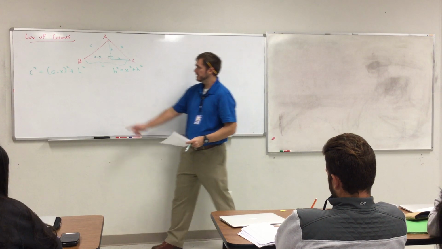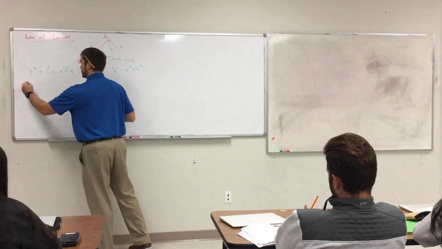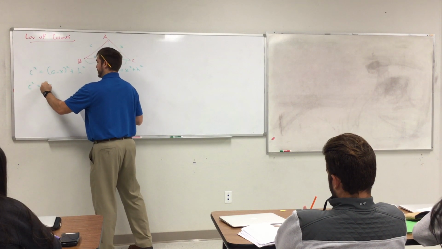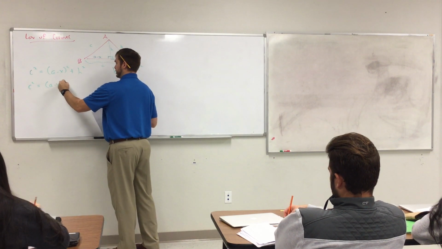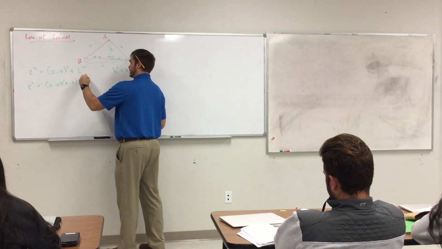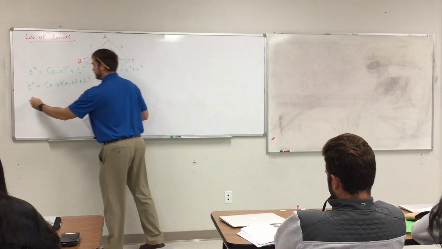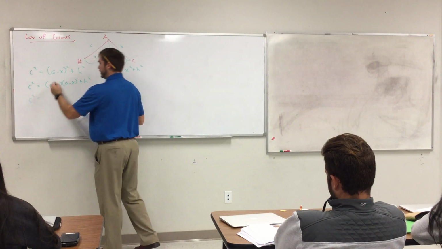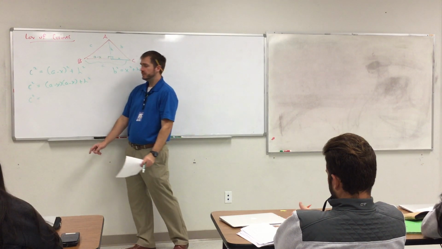All right, time to do some foiling here. So a minus x squared is a minus x times a minus x. I shouldn't have to write this all out. Y'all are honors pre-cal students, but I will just so that we're all together.